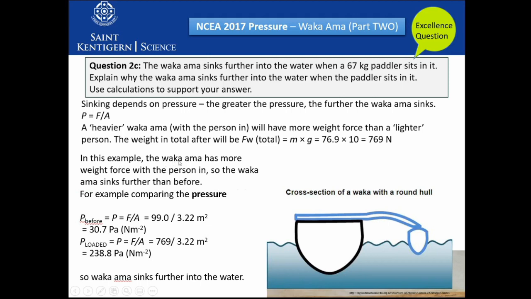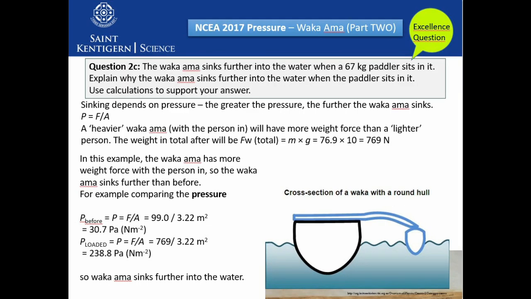In this example, the waka ama has more weight force with the person in it, so the waka ama sinks further. For example, comparing the pressure of the waka ama, before it was 30.7, and with the person in it, it is 238.8 Pascal. Alrighty. And that is where we will conclude.